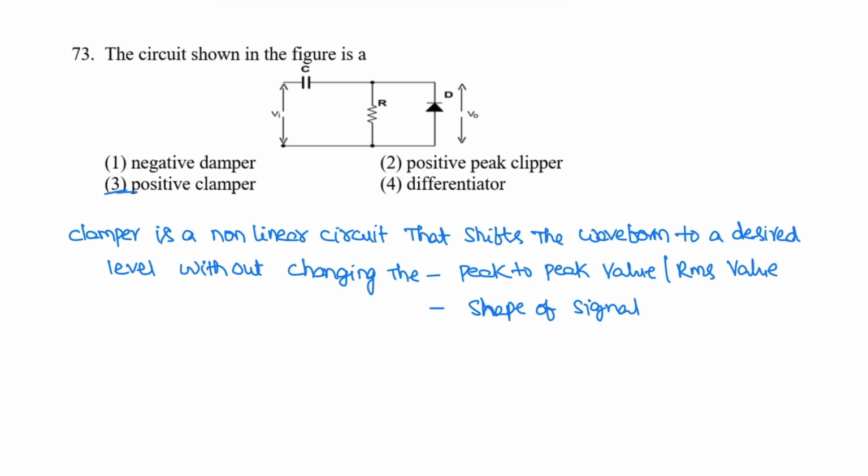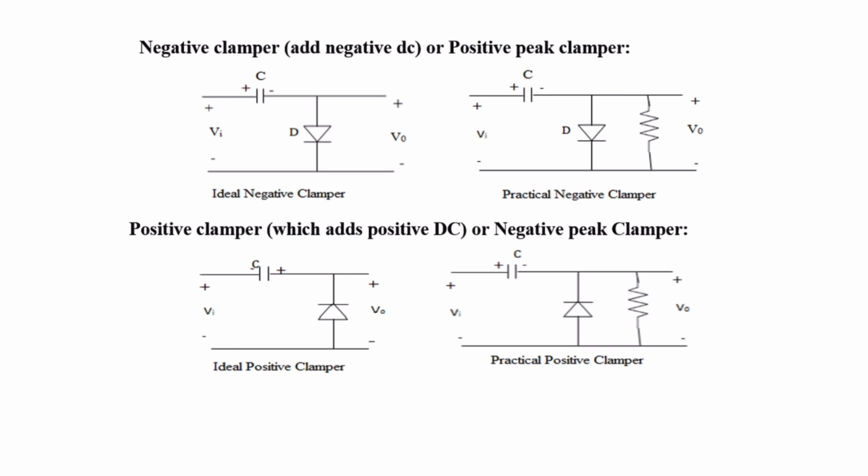This clamper circuit is used to restore or reinsert the DC component into the waveform that has been lost during processing. Hence a clamper circuit is also called a DC restorer or DC reinserter. Let us see the diagrams for positive and negative clampers. The negative clamper adds negative DC voltage and is also called a positive peak clamper.